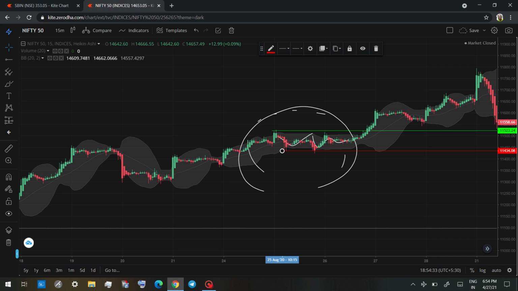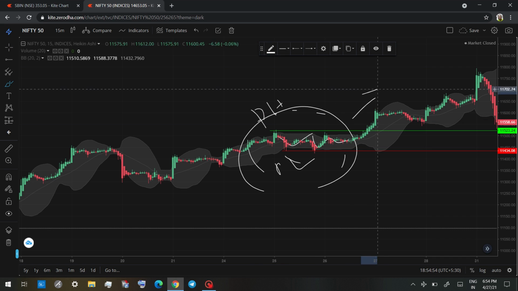Take a trade only when it crosses above the previous day high or previous day low. In this case, it crosses below the previous low, so go for a bearish.